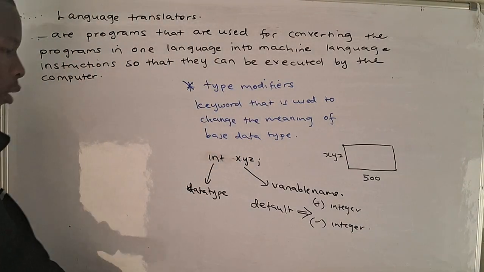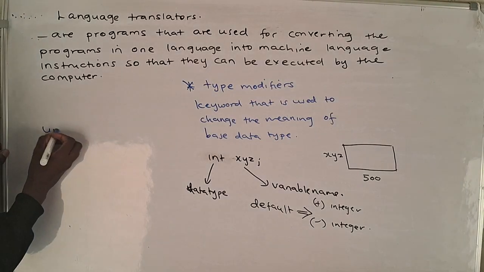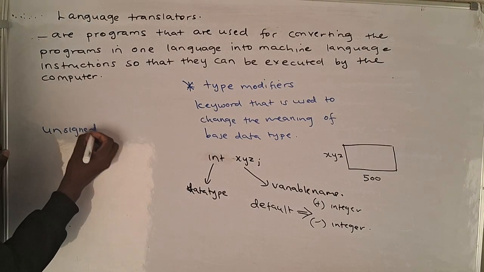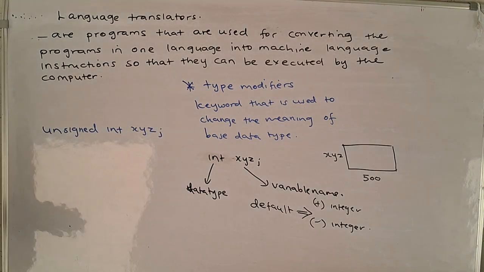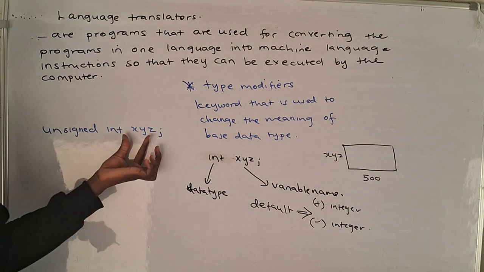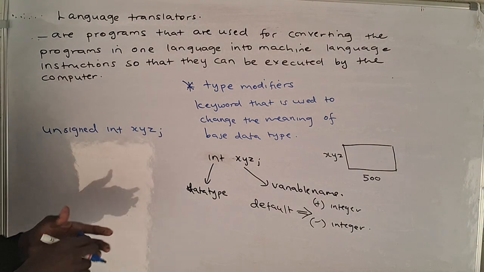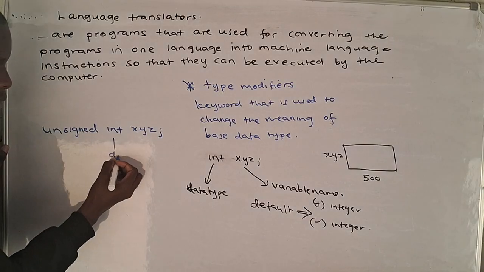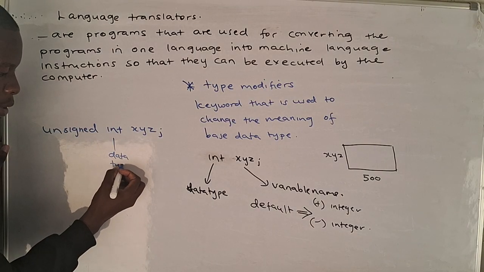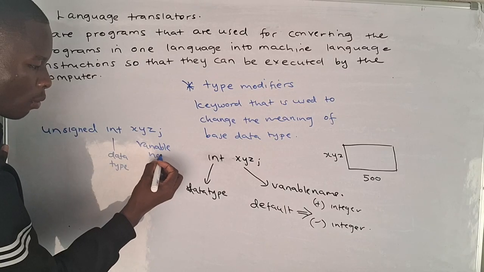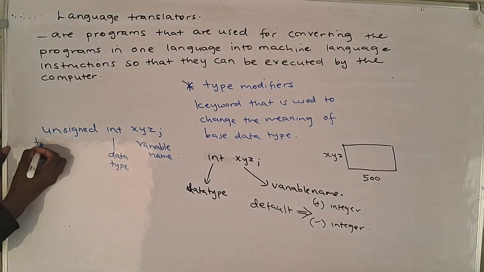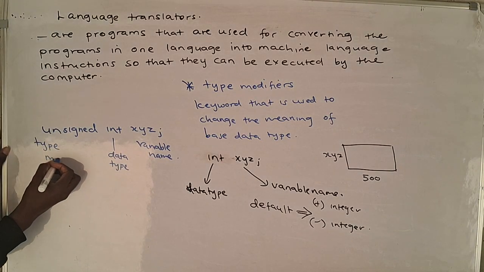What if I write unsigned int xyz? Again, this is the declaration of a variable called xyz. This is the data type, this is the variable name, and this is called the type modifier.